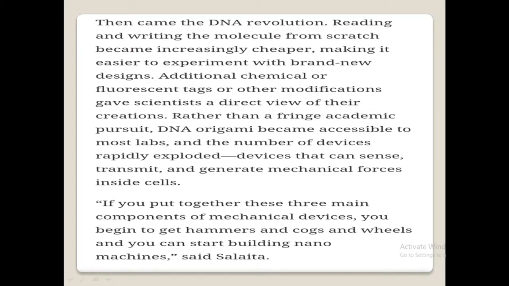Reading and writing the DNA molecule from scratch became increasingly cheaper, making it easier to experiment with brand new designs. Additional chemical or fluorescent tags, fluorescent dyes and other modifications gave these scientists a direct view of their creations, rather than a fringe academic pursuit.